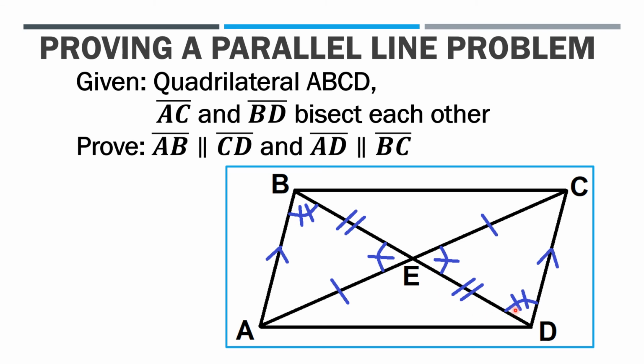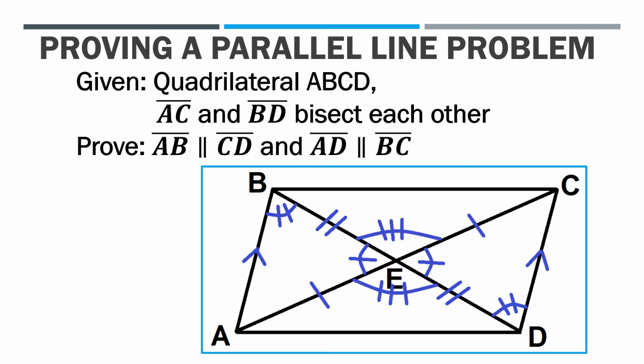The other pair of line segments also follow the same steps. Angles BEC and DEA are congruent by the vertical angle theorem, and so triangles BEC and DEA are also congruent.